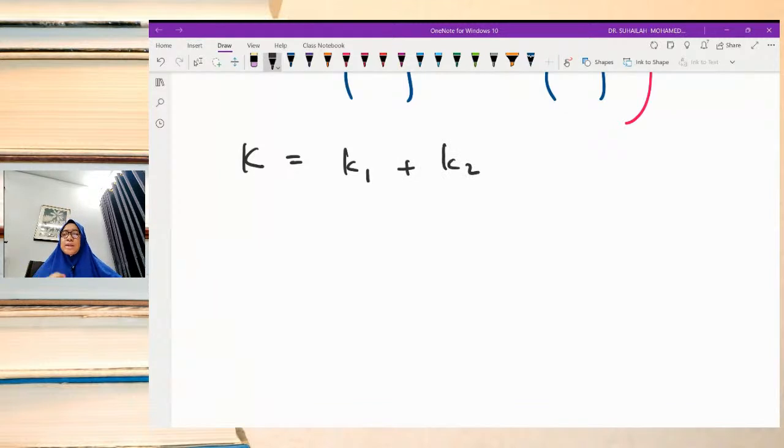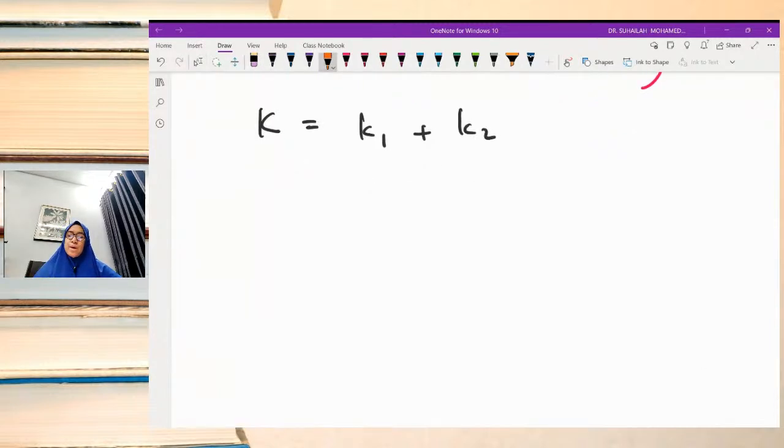K1 is element stiffness matrix for member AB. K2 is element stiffness matrix for member BC. For beam, the arrow is always moving towards the right direction, and we do not have to put the arrow.